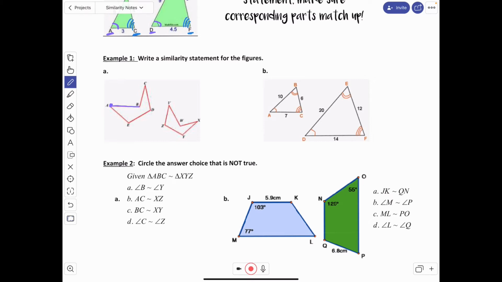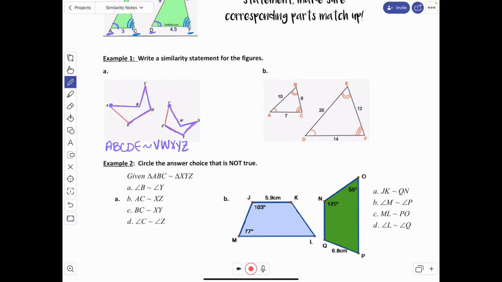So if you go A, B, C, D, E, then we say similar, that's our symbol for similar. We have to start with V and we have to go the same direction. So we would say V, W, X, Y, Z.